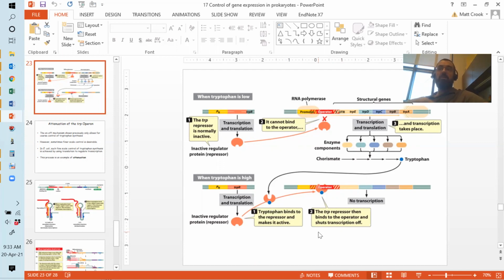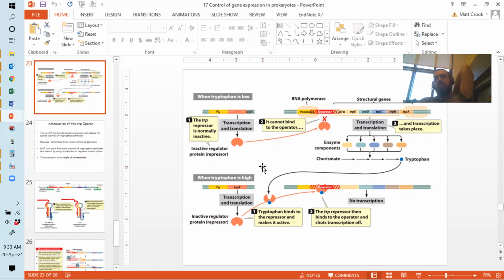Now, in between those two extremes are varying levels of tryptophan, and so the trp operon needs to be dialed back a little bit when those levels increase, right? So this is essentially molecular homeostasis, like homeostasis in terms of blood sugar levels, body temperature, blood osmolarity, things like that.